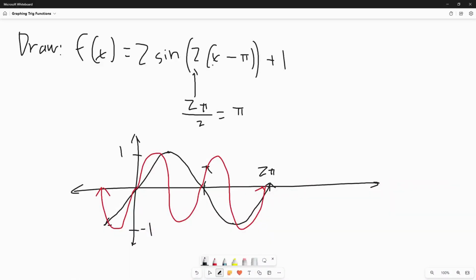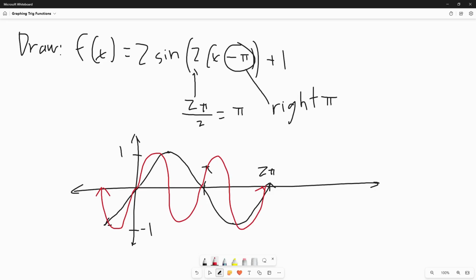Our second step is to look at the value to the right of x. If you have a function where this value isn't there, then just skip this step. This means that the function is moved to the right by pi. And on this one, this is a special case because the function actually stays the same.